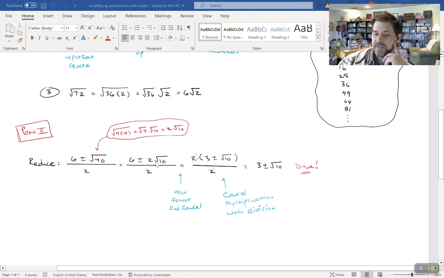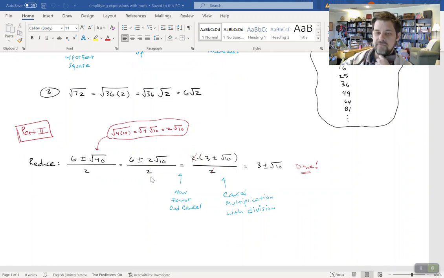Now I would like to cancel some numbers that I can. I mean, in math, if we can get rid of a number, we'd like to do it in general. And so many people are going to be tempted to cross out the 2's. You see you've got a 2 over a 2, but that's not how it works. Think about what canceling is. We cancel addition with subtraction, and we cancel multiplication with division because they're opposites.